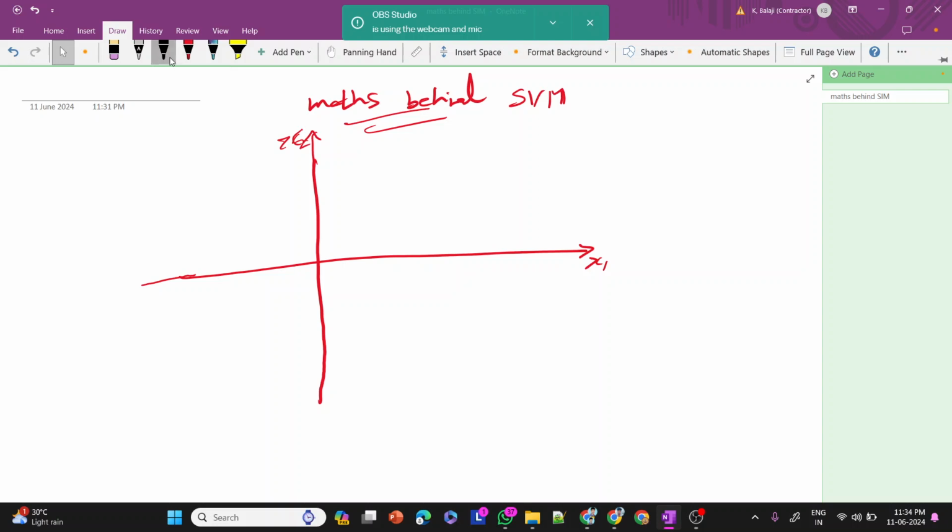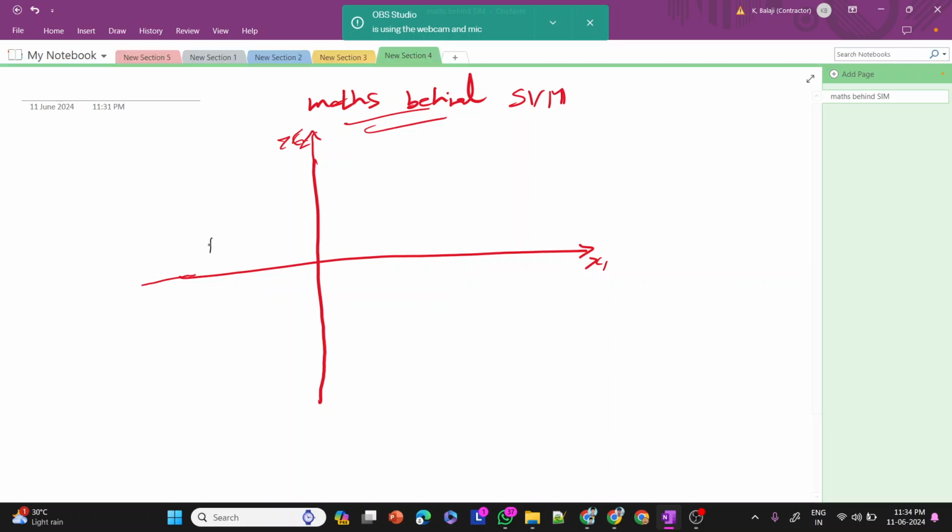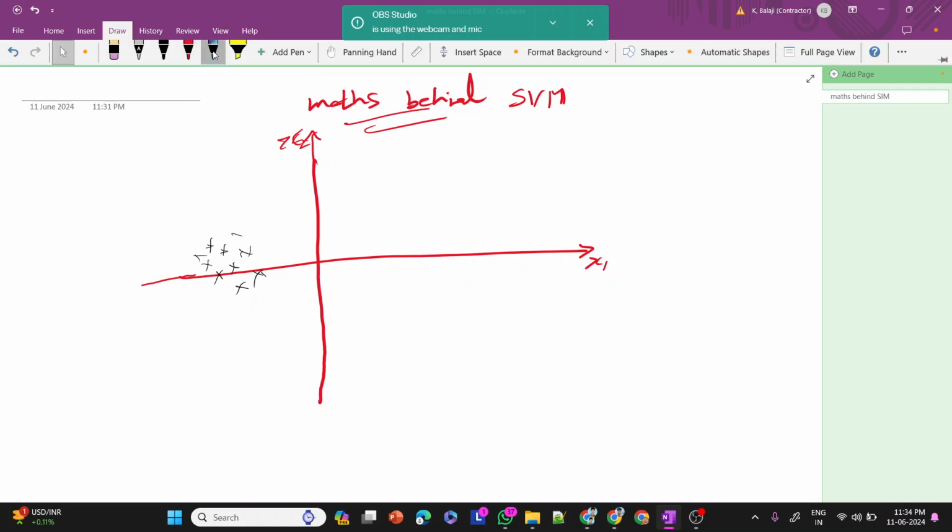Let's consider some of the data points are here, and some of the data points are here.